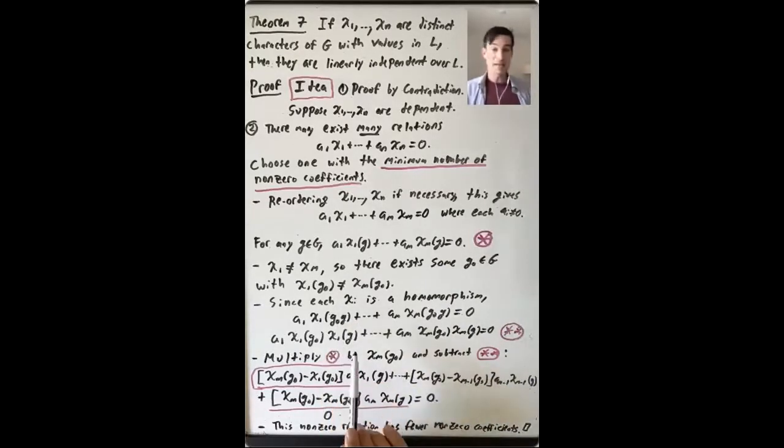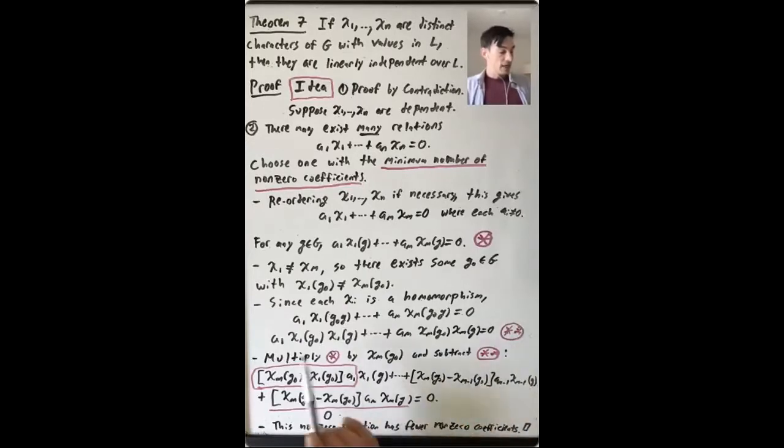But each one of these chi's is a homomorphism, so we can take the chi(i) g0g part and write it as chi(i) of g0 times chi(i) of g. And remember, chi sends elements of the group G to non-zero elements of this field L.